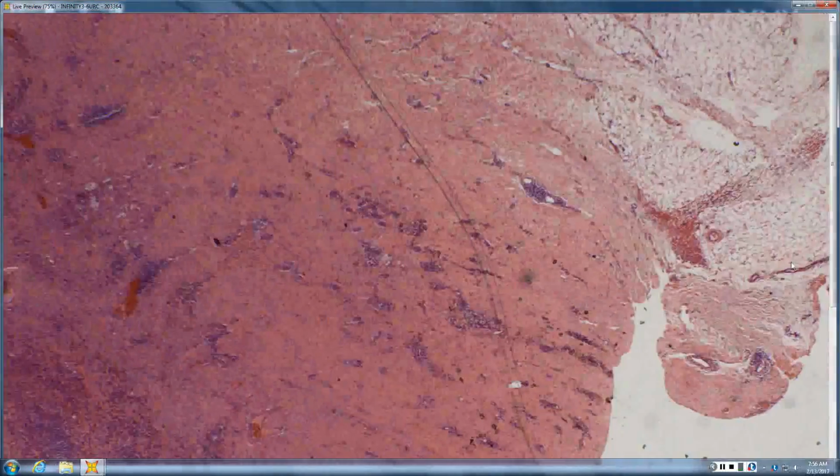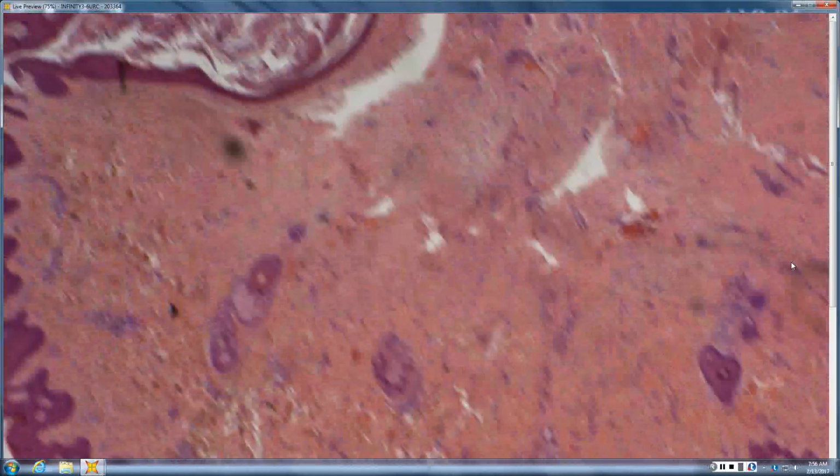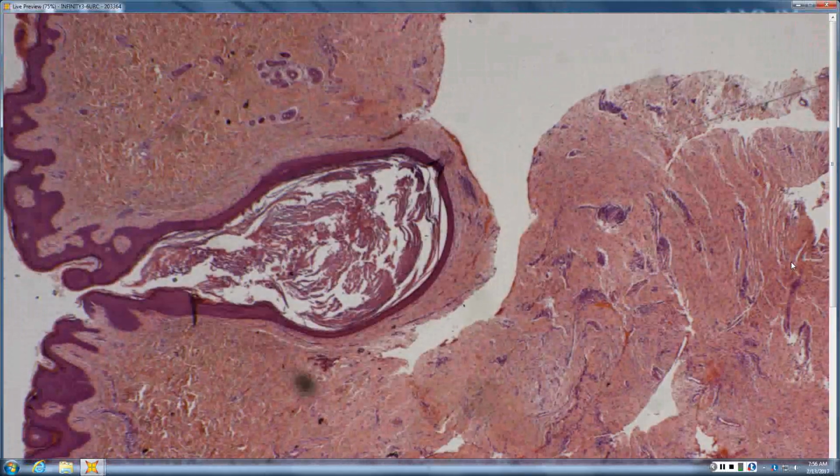Like nodular cystic acne? Nodular cystic acne, absolutely. What if this were an axilla? HS. Yeah, exactly. So nodular cystic acne, or HS, which is basically like nodular cystic acne in an axilla.